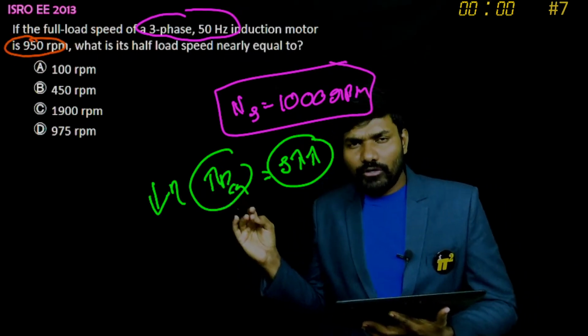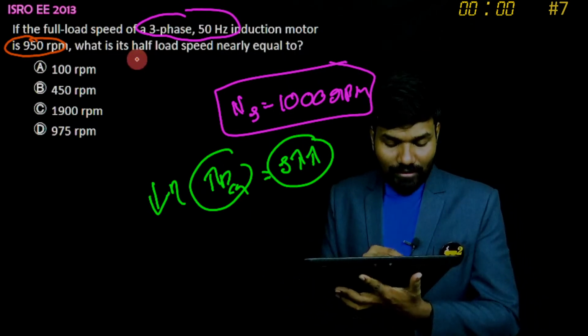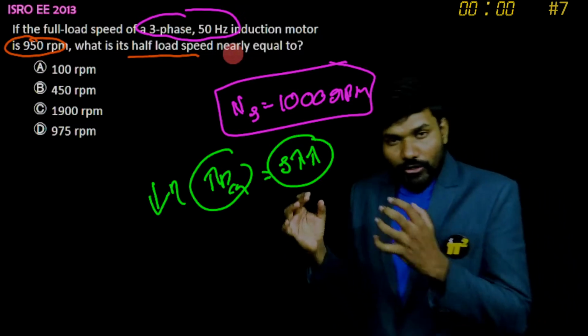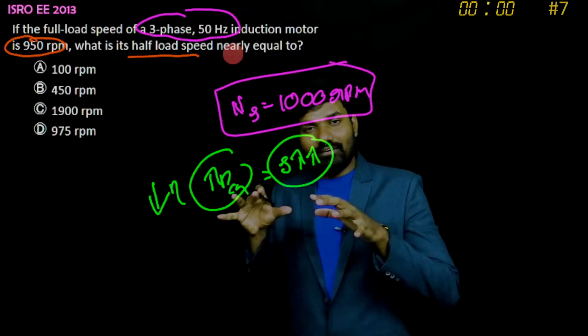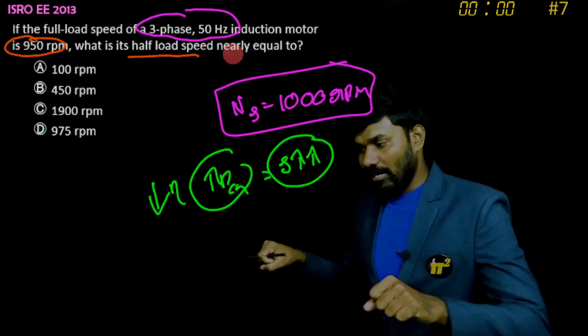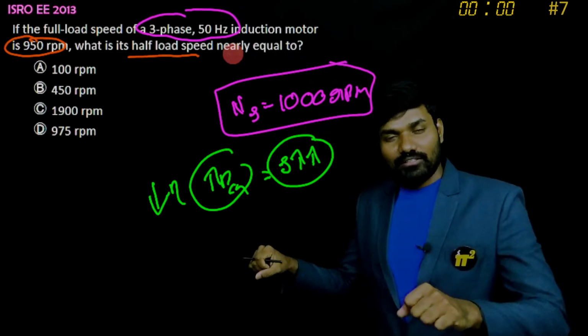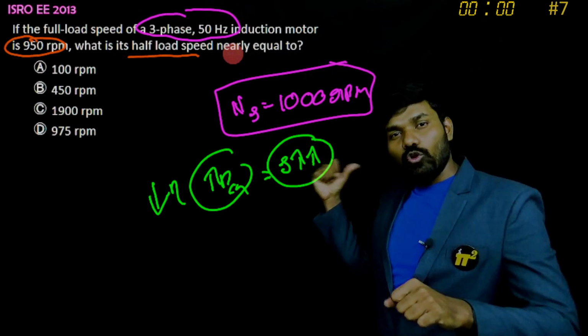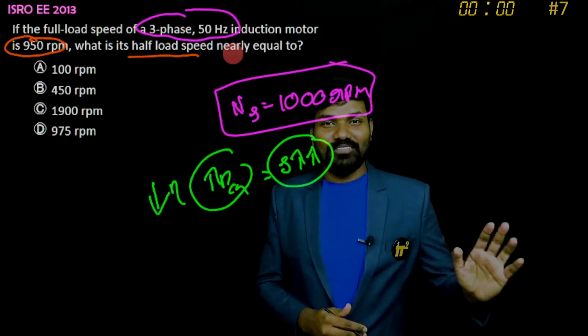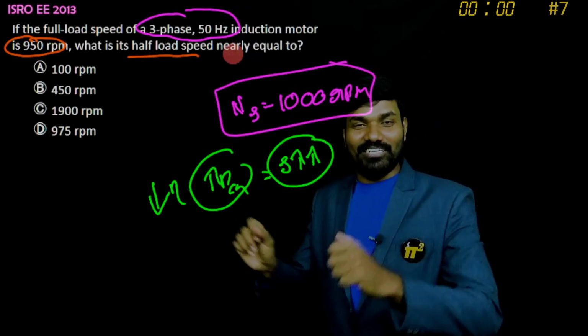The moment you reduce the load, say to half load, the load has reduced. It's like you're driving a bike. Suddenly, the load sitting behind has reduced. She fell down when you're driving.